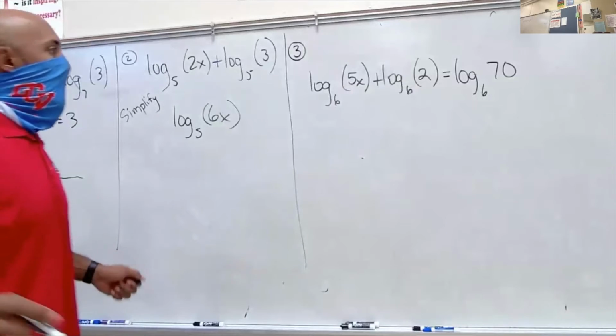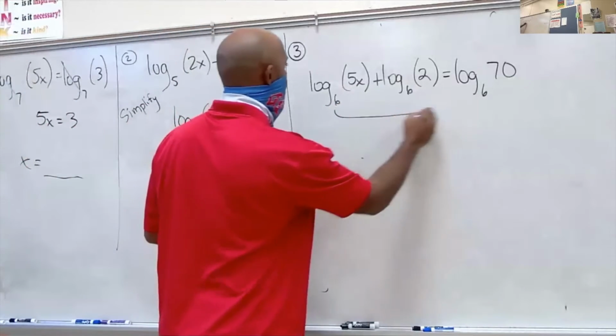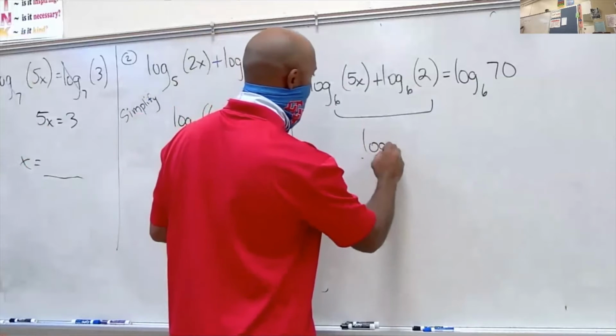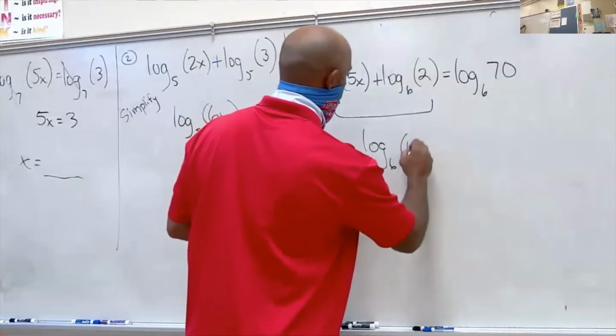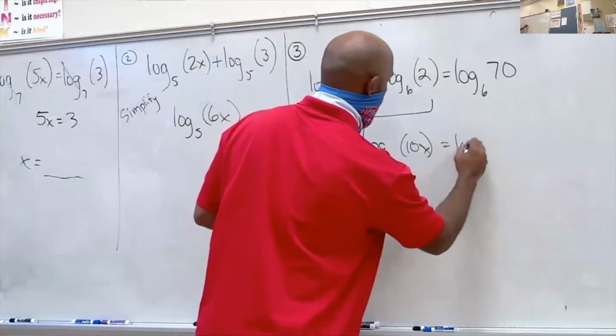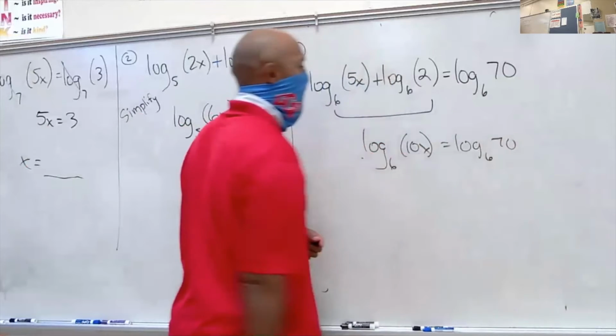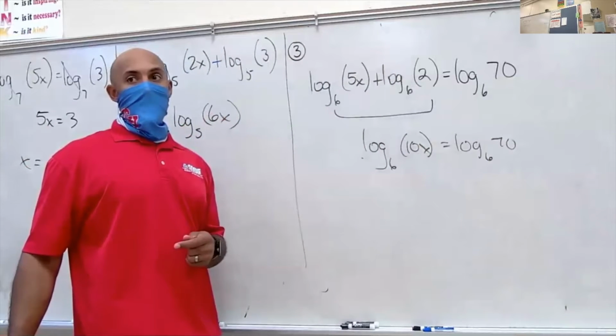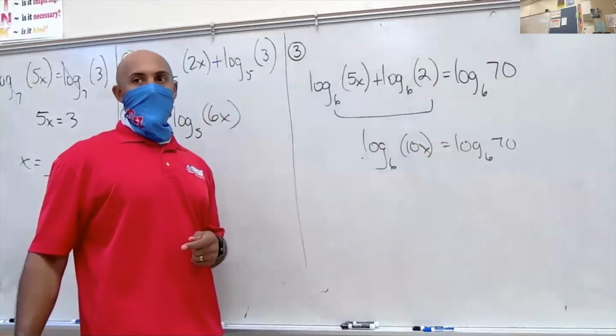Okay. All right. So Ruben, what are we doing here? Okay, that becomes what? 10x. Okay, good. So 10x. Liberty, what are we doing next?